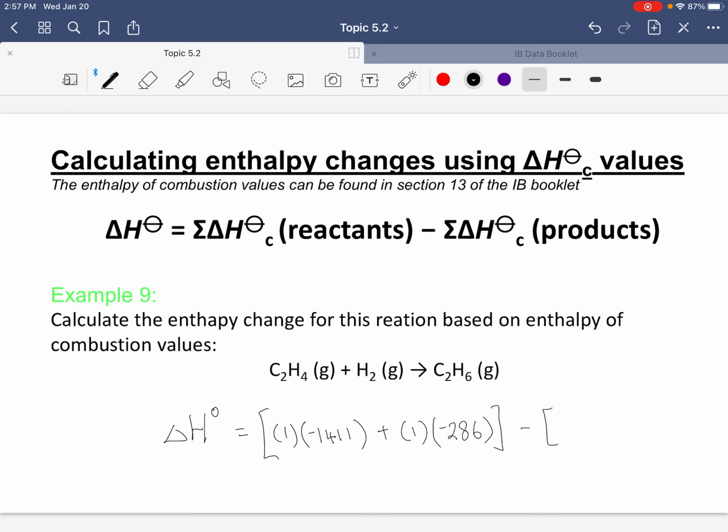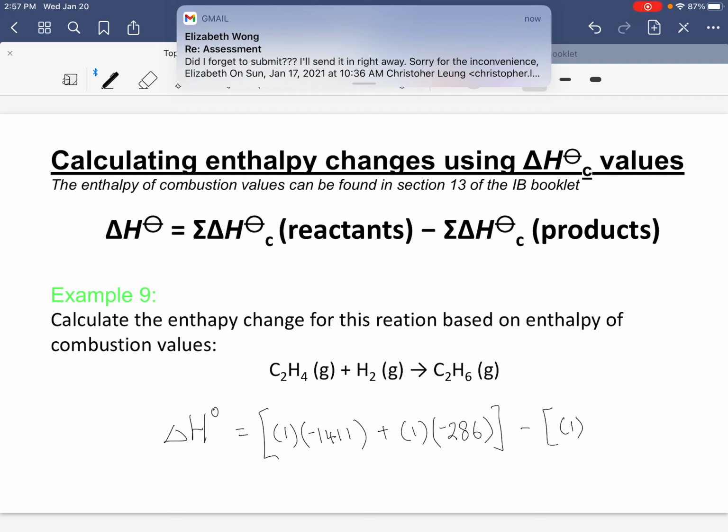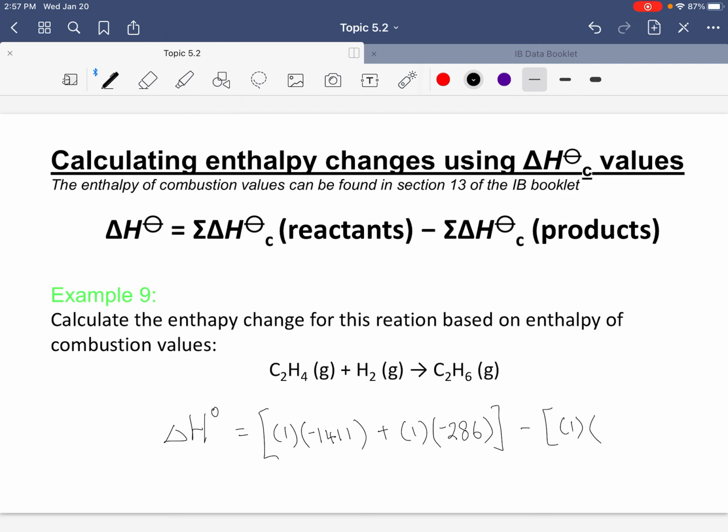Minus 1, times negative 1,561. There you go. That was ethane's enthalpy of combustion. This is going to give me negative 136 kilojoules.